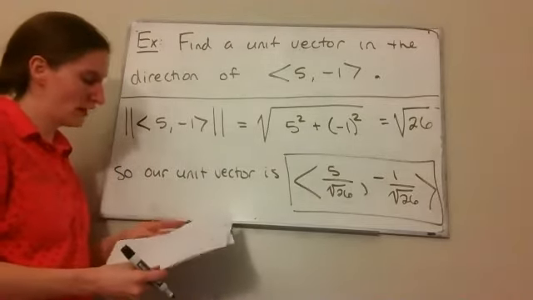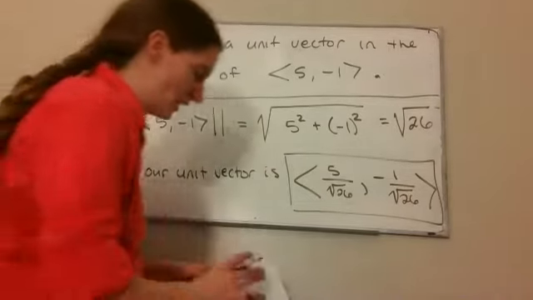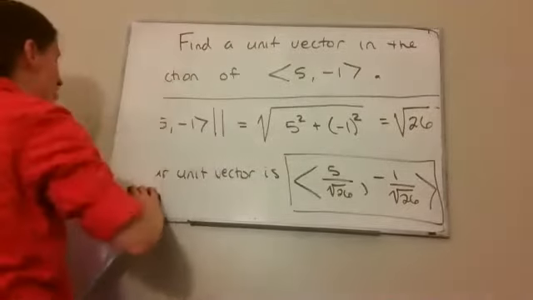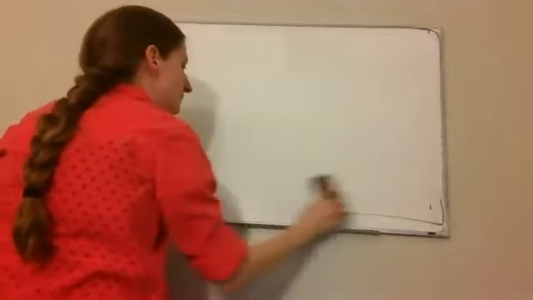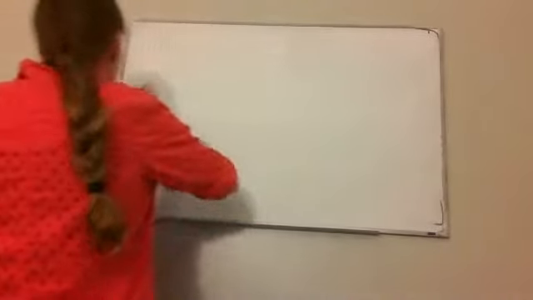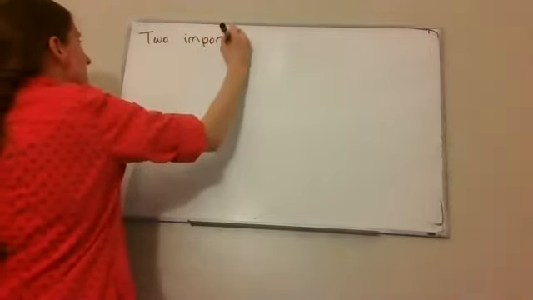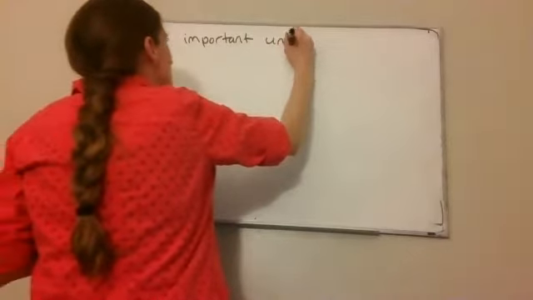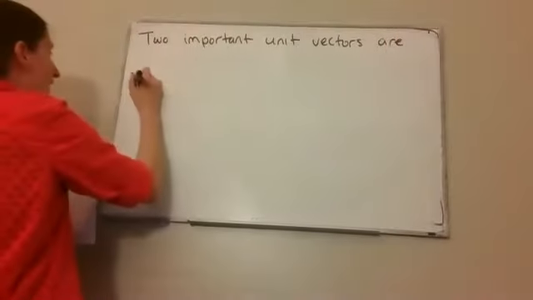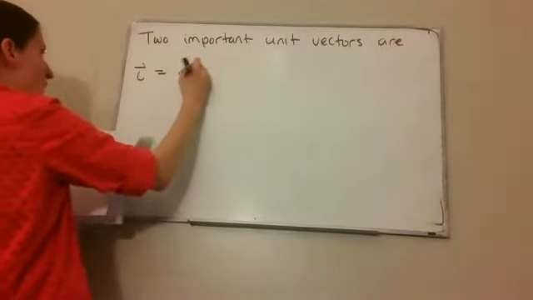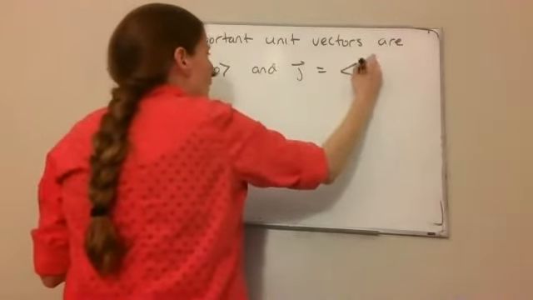Now, there are two very important unit vectors that we care about more than all of the other unit vectors. And they have special names. They're called I and J. So, two important unit vectors are I, which is 1, 0, and J, which is 0, 1.